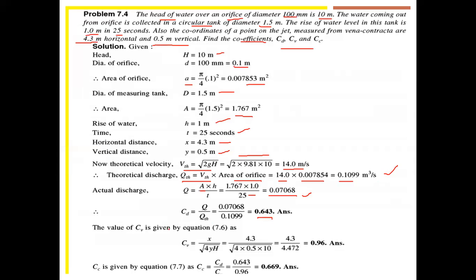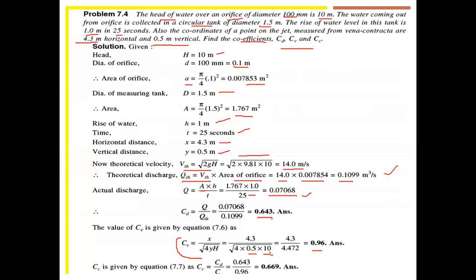Therefore, the value of CV is given by the formula we discussed earlier, x by root of 4yh, that is 4.3 divided by root of 4 into 0.5 into 10, which is 0.96. Got it? 0.96.